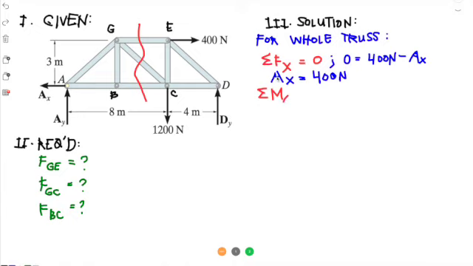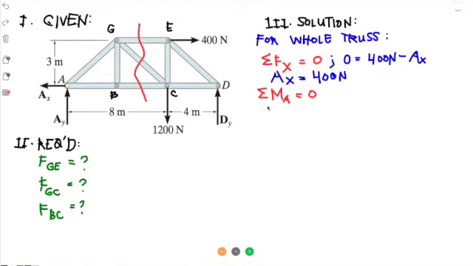Which joint are we doing? At the joint where we can cancel more forces, and that occurs at joint A. You can cancel two forces already. That simplifies your equation.